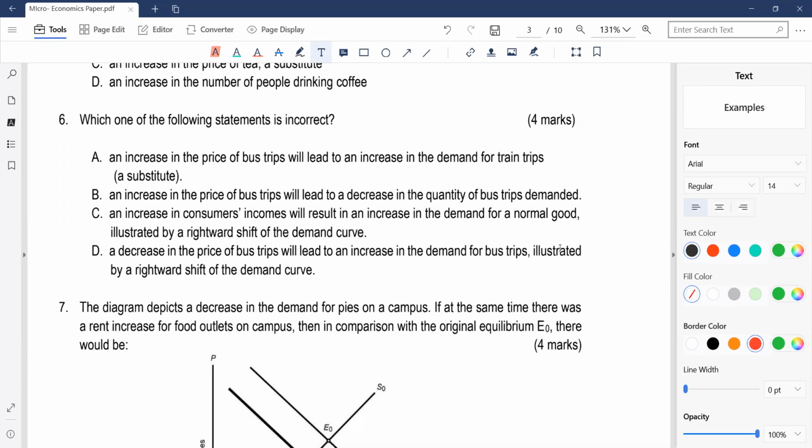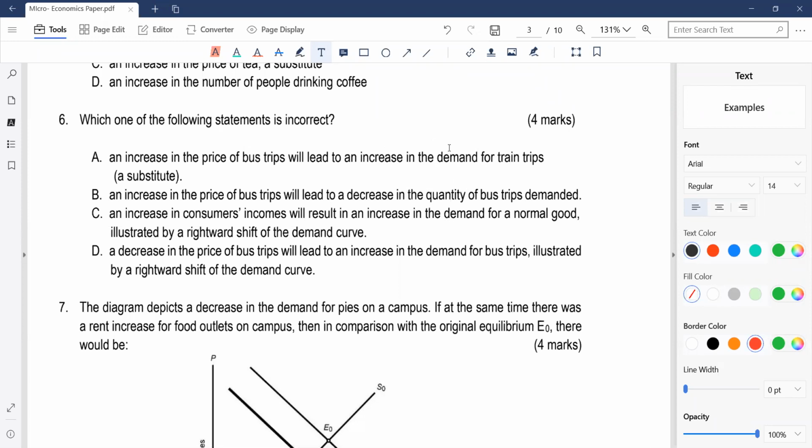That one is correct because a bus is a substitute of a train. So if there's an increase in the price of bus trips, there will be an increase in demand, not quantity demanded. I want you to check here the wording. It's an increase in demand of the train trips. This one is correct. Let's go to B.